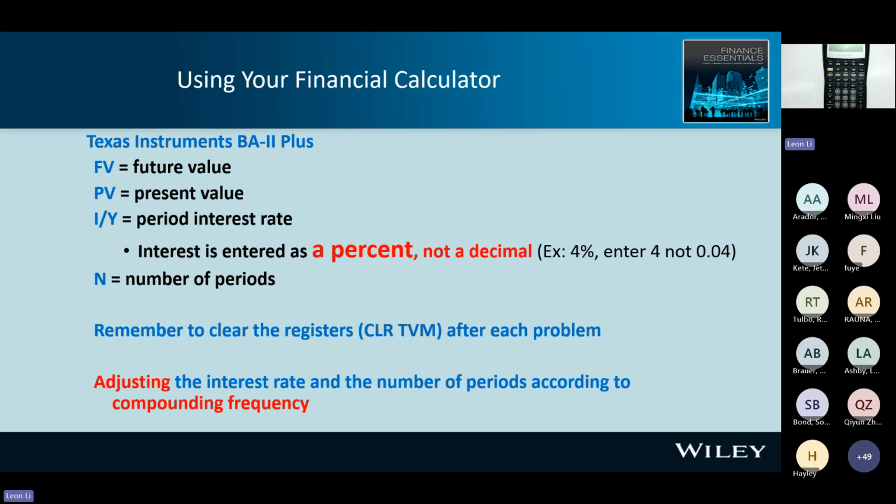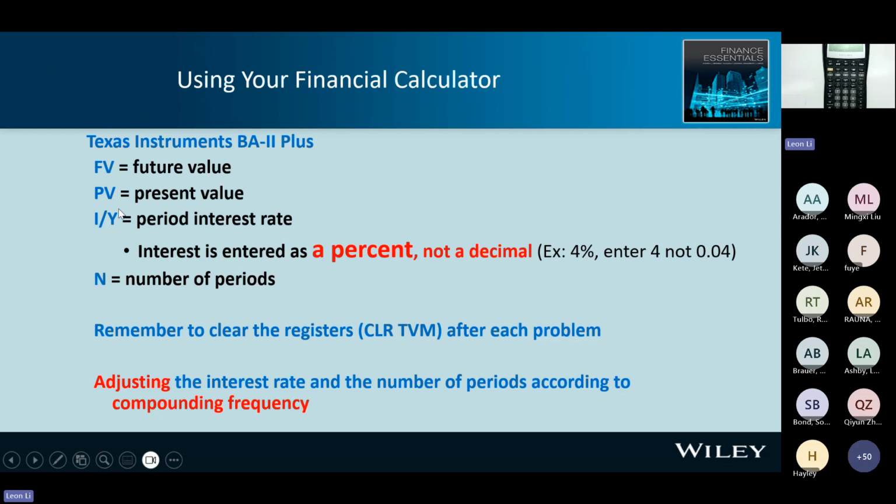So you can see the future value, present value, I over Y. I over Y is the interest rate, the period interest rate. Please note, when you enter the interest, you enter a percent, not a decimal. For example, 4%, you enter 4 rather than 0.04.